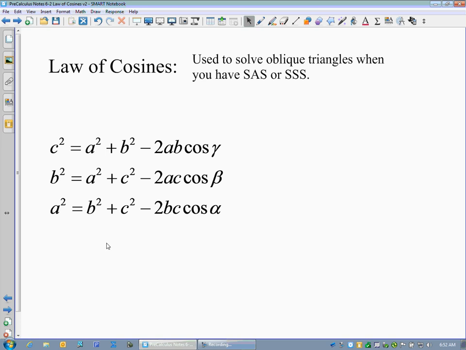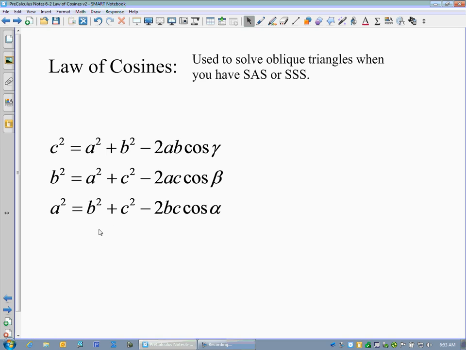But again, rather than trying to memorize all three of these, I think a better way to look at this is to think of the idea that any side squared, so if we look at the bottom one here, a squared, any side squared of any triangle is equal to the sum of the squares of the other two sides minus twice the product of the other two sides times the cosine of the included angle of those other two sides.